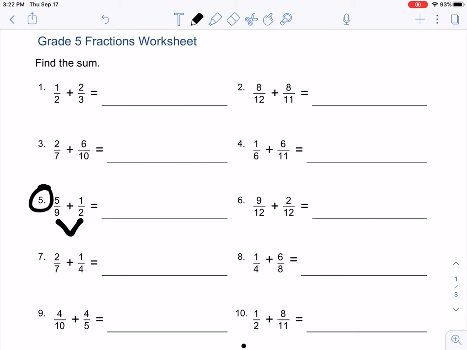But for those who struggle with that, just think in your head: your multiples of 2 are 2, 4, 6, 8, and so on, and your multiples of 9 are 9, 18, 27, 36.